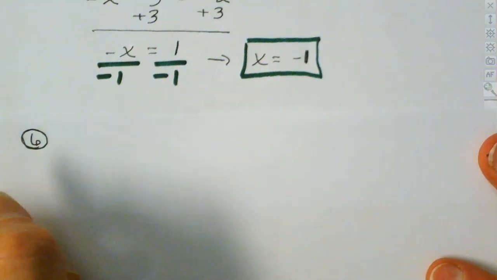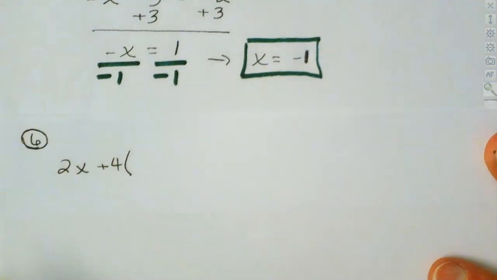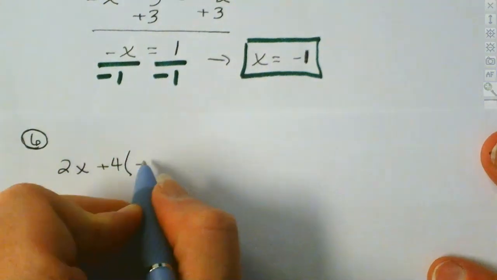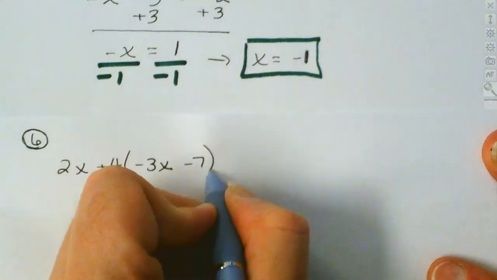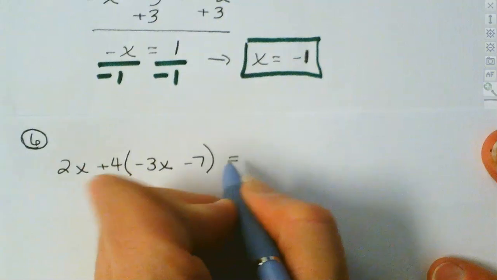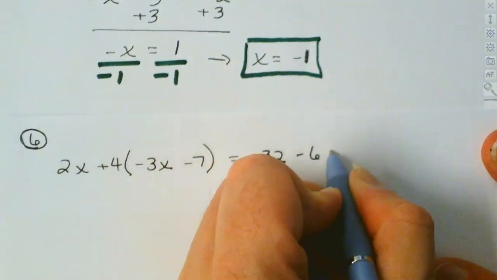So question number 6, we've got 2x plus 4, parentheses, minus 3x, minus 7, and that equals a minus 32, minus 6x.